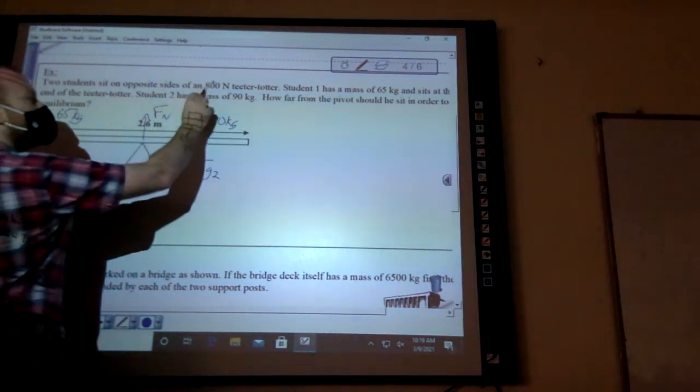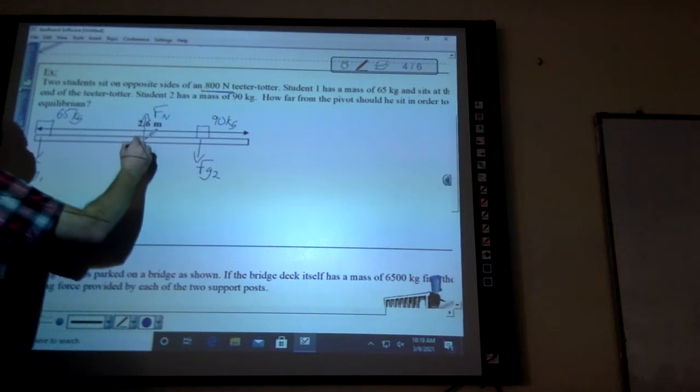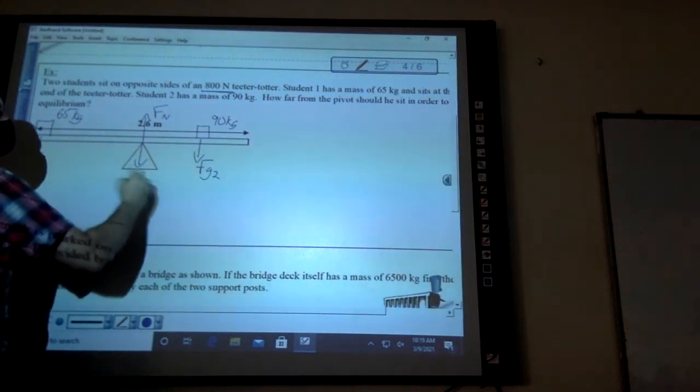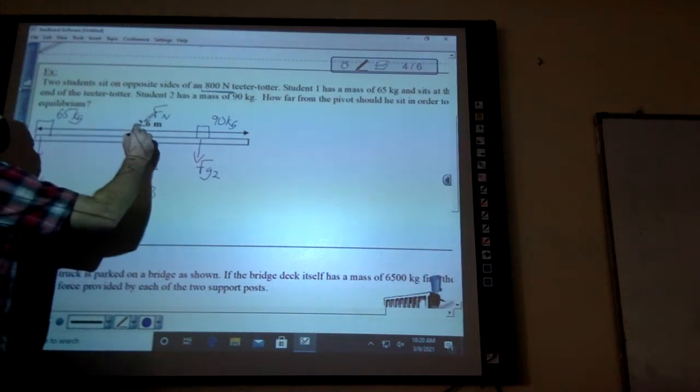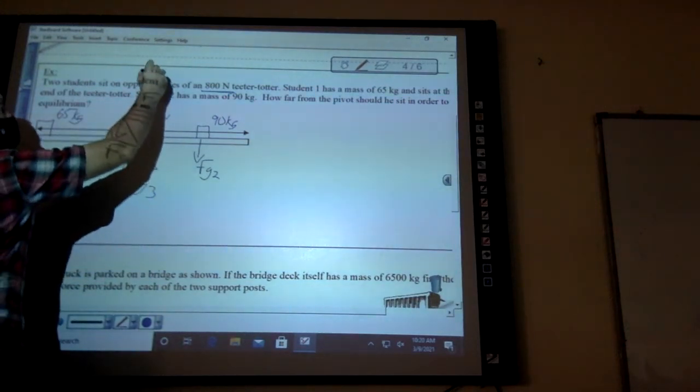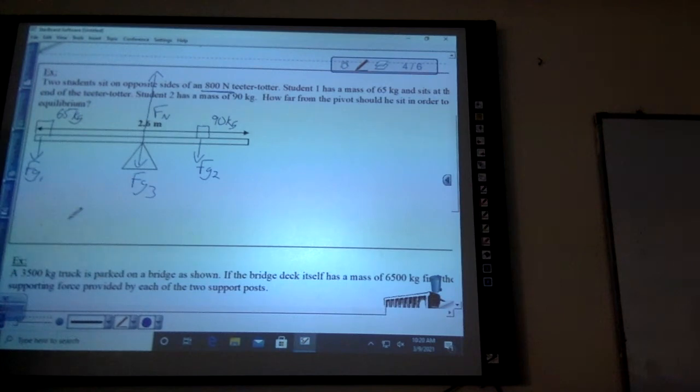We're also told the teeter-totter has a mass, so I need to include another FG3. Technically, if you want to be fairly correct, this is what the normal force should look like. But like I said, I'm not being super picky about length, but the normal force needs to equal all 3 of these forces added up.